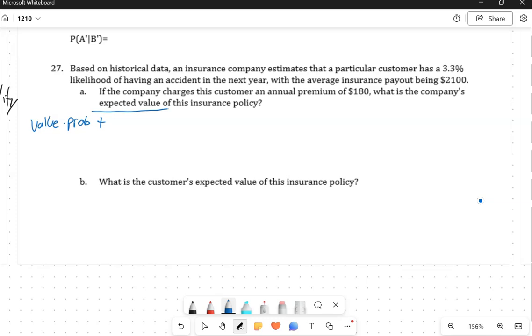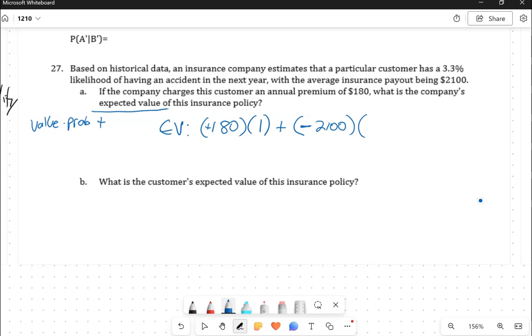Basically, if we're the company and someone buys an insurance policy, our expected value will be we make $180. How often? 100% of the time. Put that in the bank. Now, every so often, we have to pay out, so it's negative to us, the insurance policy.